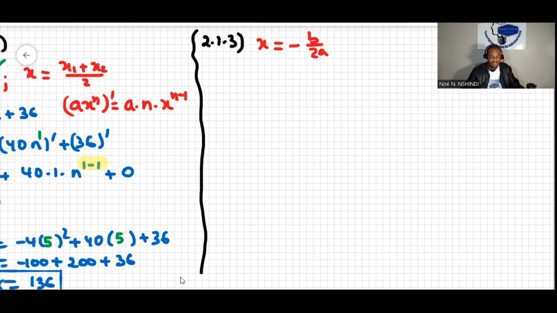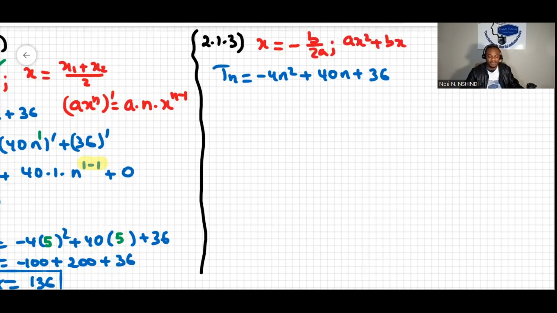Our quadratic pattern was given by Tn equal to negative 4n squared plus 40n plus 36. Now this formula is for a quadratic equation of the form ax squared plus bx plus c.